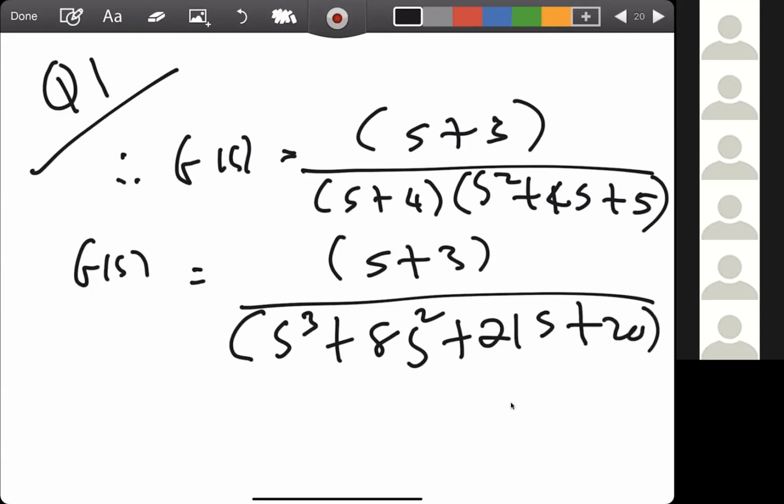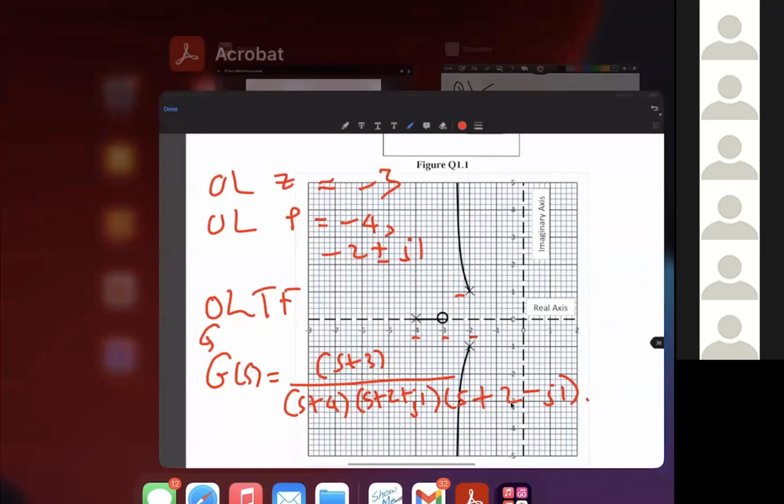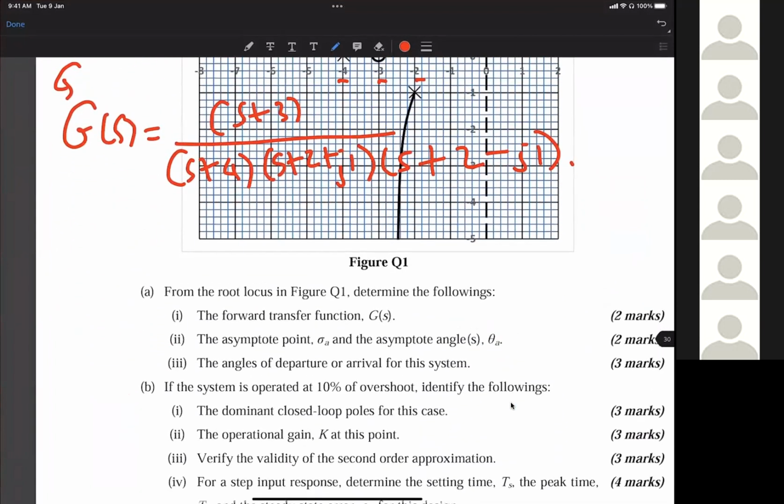Right, so this is the open loop transfer function, the forward transfer function. Asymptote point and asymptote angle.